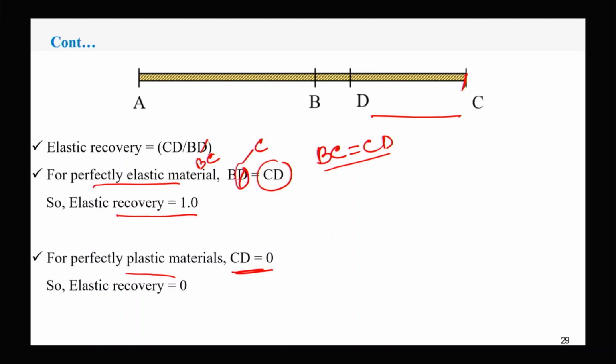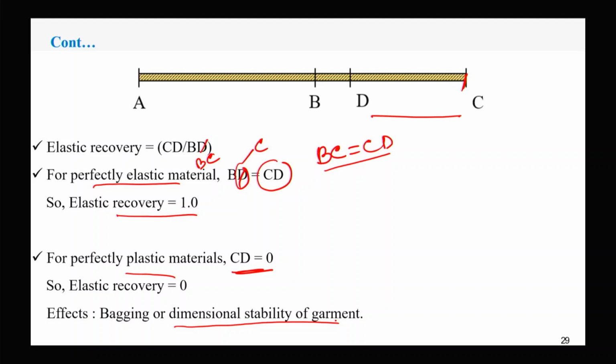So bagging effect and dimensional stability of garment, these are the different types of effects which we get from the garment, and also this is very important for technical textiles where constant or repeated loading takes place, particularly geotextiles where constant loading takes place.